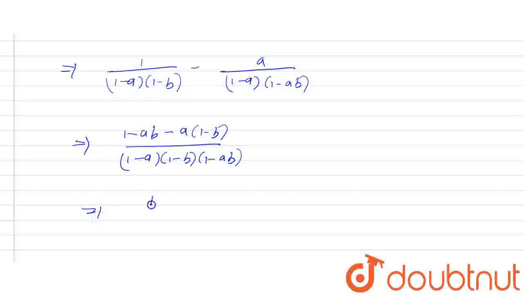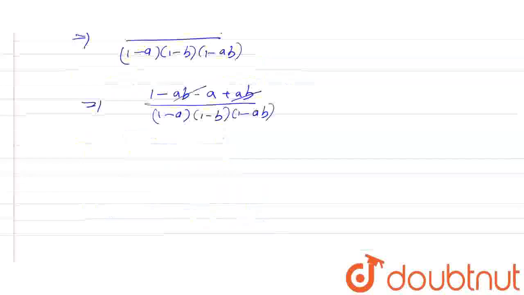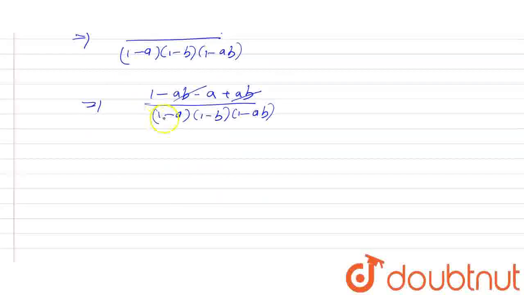When we solve this, it is 1 - ab - a + ab. So ab and ab get cancelled, leaving 1 - a, and then the (1 - a) cancels with the denominator. I'm writing this in the next step.